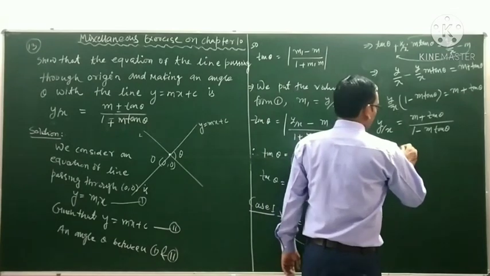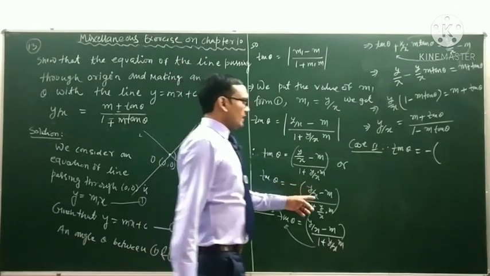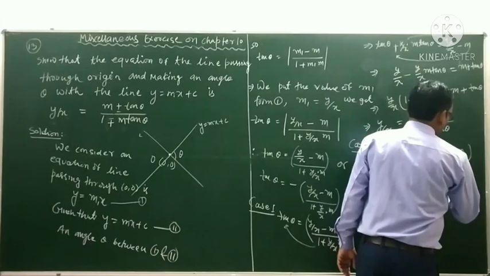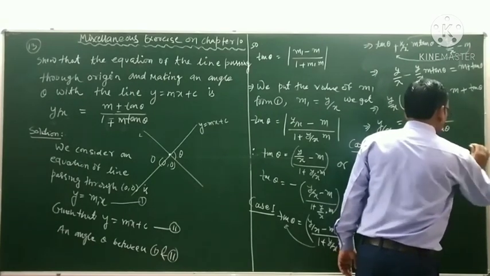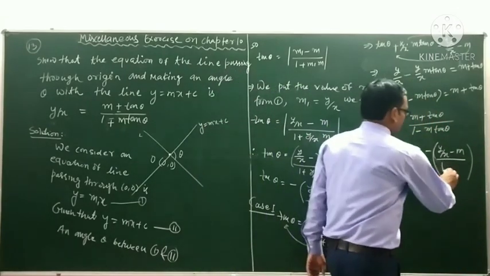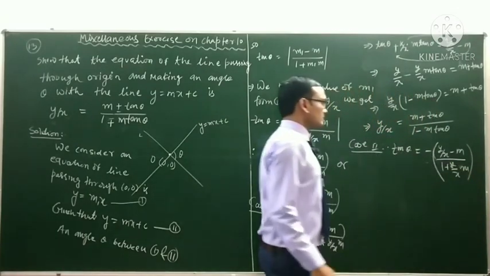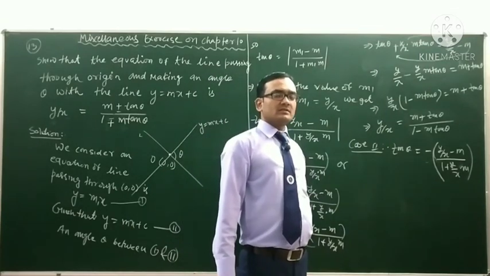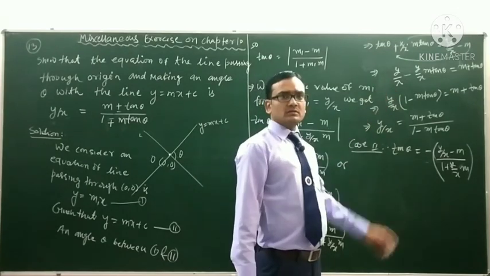if tan theta equal to minus y by x minus m upon 1 plus y by x into m, we simplify this as above.